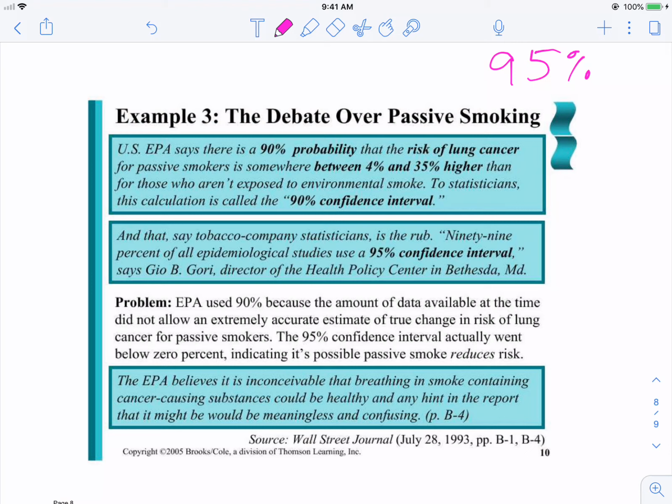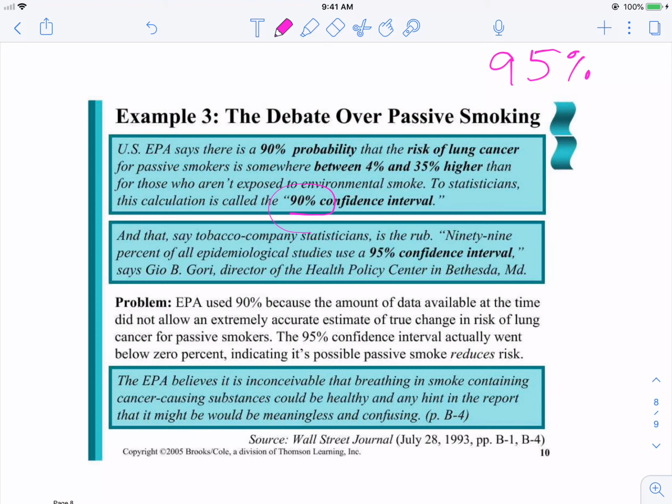Okay? So they weren't questioning the numbers necessarily, but they were questioning, well, why is a 90% confidence interval used? Okay, a lower level of confidence. They were trying to call out the EPA on that statistic that isn't normally used.